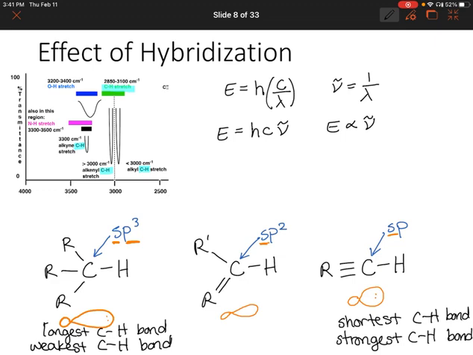So if we look at the sp3 hybrid carbon-hydrogen bond, that will have a lower wave number or lower energy. So that will be found at less than 3,000 inverse centimeters.